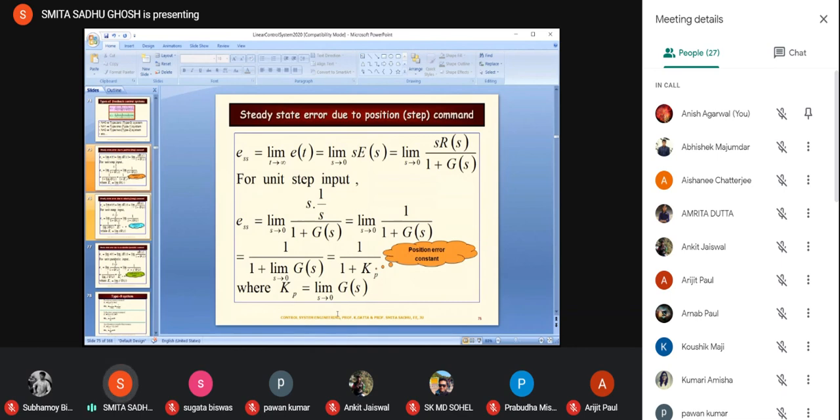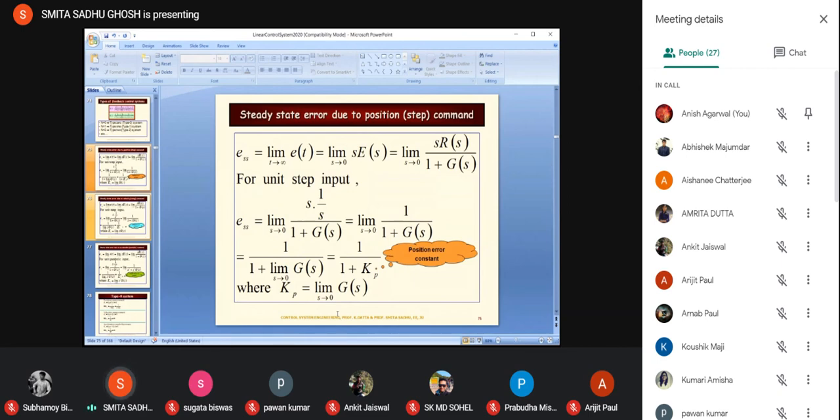So we would be interested in calculating steady state errors only if the system was stable in the first place. If it was unstable, the response itself is going to show you that. Of course, over here we are not going to the response first and then the calculation of the steady state errors.